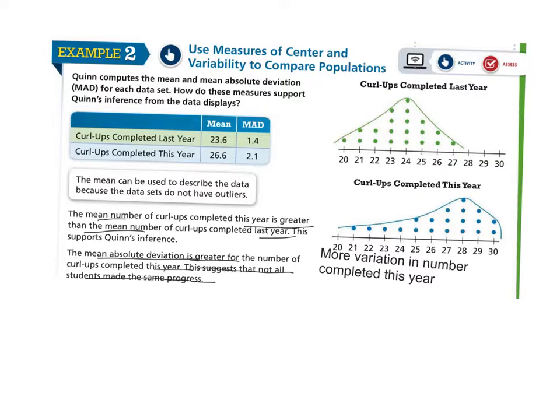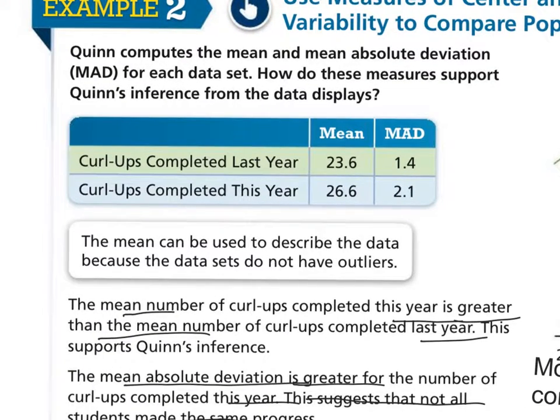So look at example 2. Quinn computes the mean and mean absolute deviation, or MAD, for each data set. How do these measures support Quinn's inference from the data displays? So you just look at the numbers here. You might notice that the mean or average curl-ups completed this year is higher than last year. Okay, it's 26 6/10 versus 23 6/10, so on average people did 3 more curl-ups this year than last year.